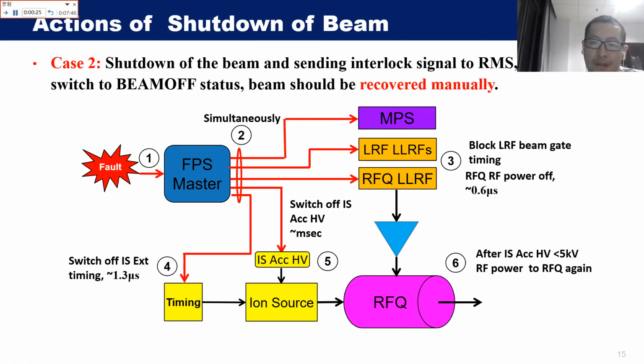In this case, if the MPS receives the interlock signal, it will inform the RPS, which means the run permit system, to switch the machine state to beam off. And for the RFQ power source, the voltage is decreased to less than 5 kilowatts, keeping power to the RFQ to maintain the temperature.